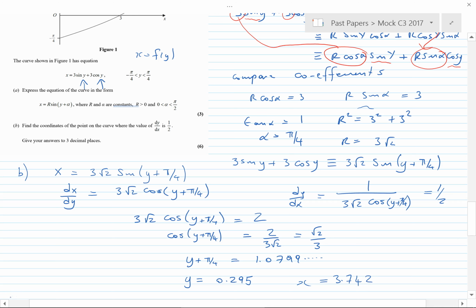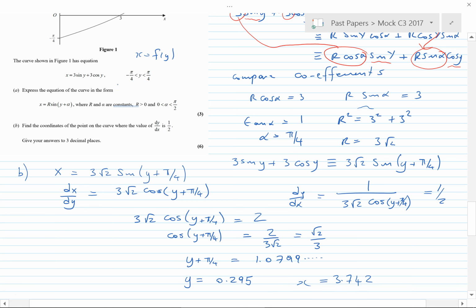Yeah, if you use the more precise answer, if you put 0.295 in, you get 3.743, which is actually wrong to 3 decimal places. They were generous on this and they accepted it on the mark scheme, but that's the more precise answer.